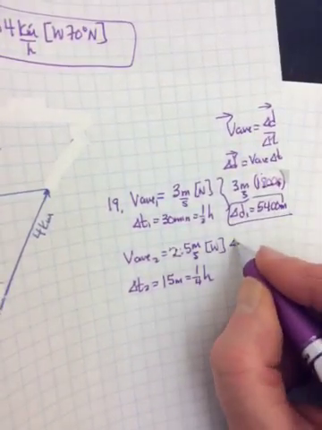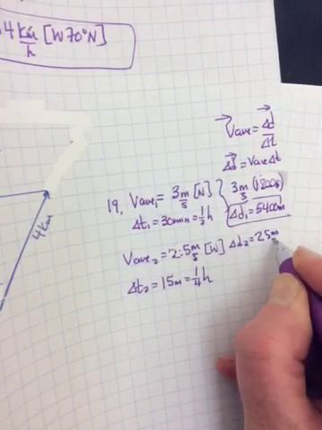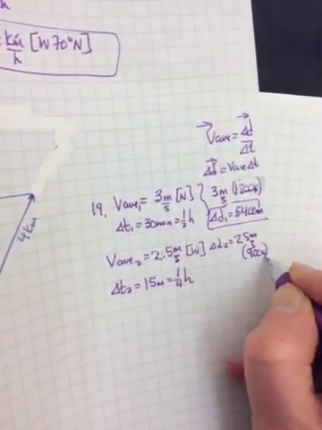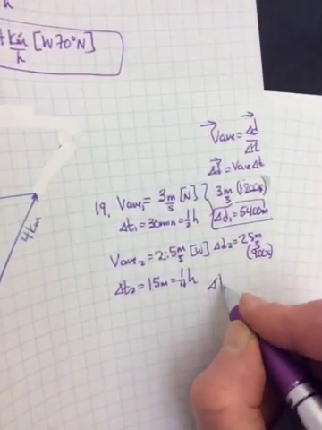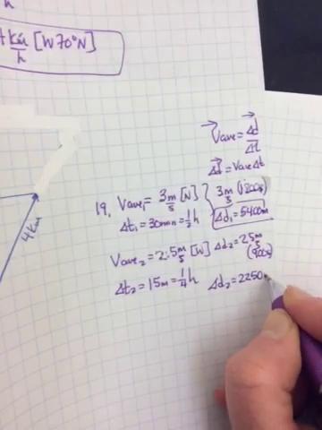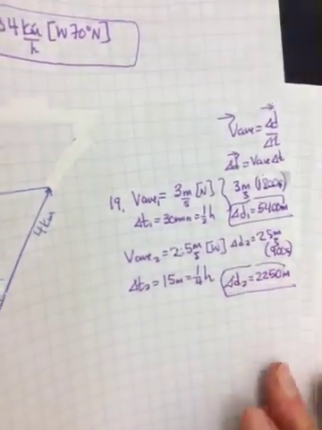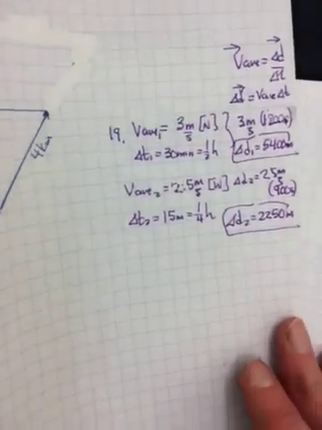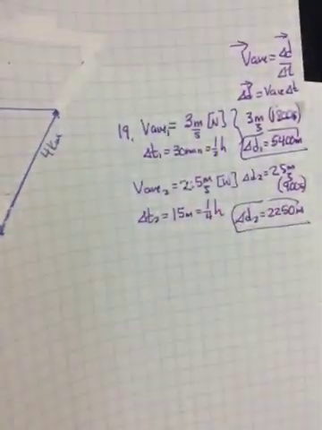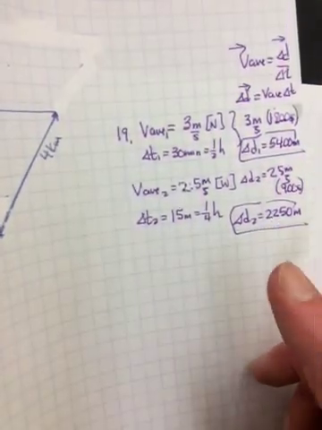And our delta d2 is going to be 2.5 meters per second, and a quarter of an hour is 900 seconds. So delta d2 should be 2250 meters. This guy will be west, that one will be north. So we can now draw our vectors. 5400, 2250.